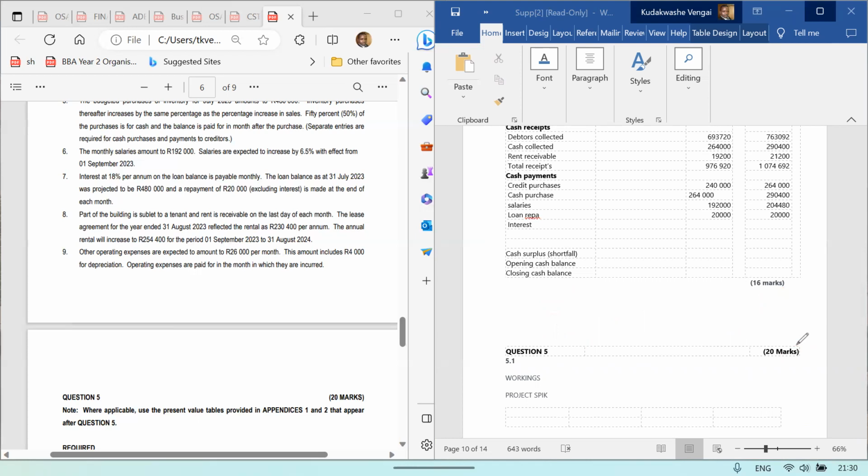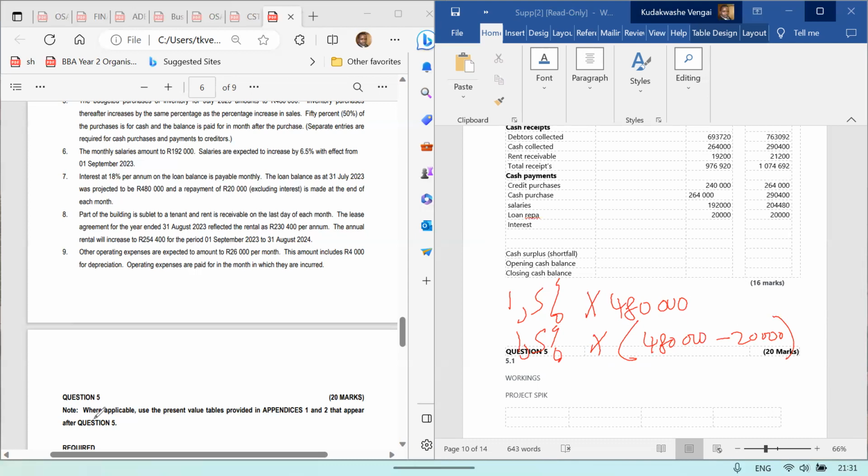So how do we calculate our interest? 1.5% multiplied by 480. This is for August. Then for September, it's 1.5% multiplied by 480 minus 20,000, because we would have paid an extra 20,000 in August.